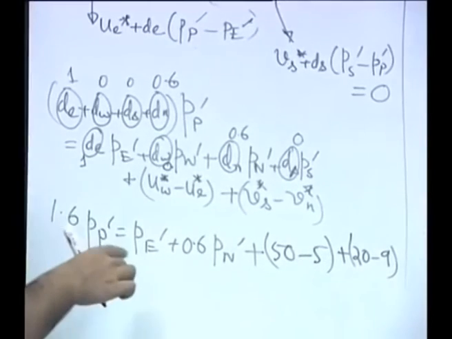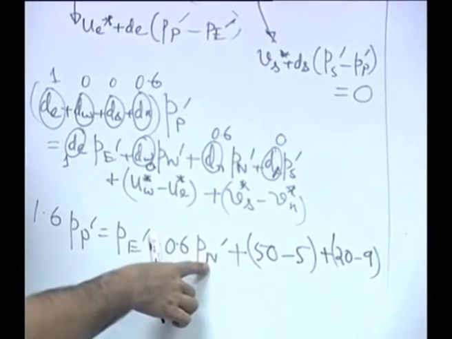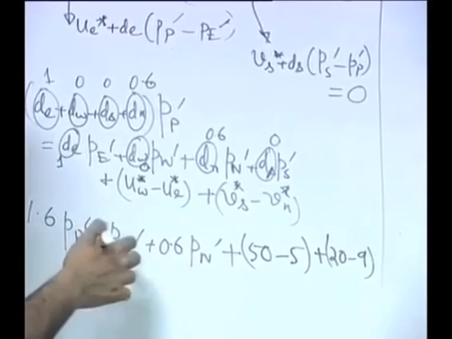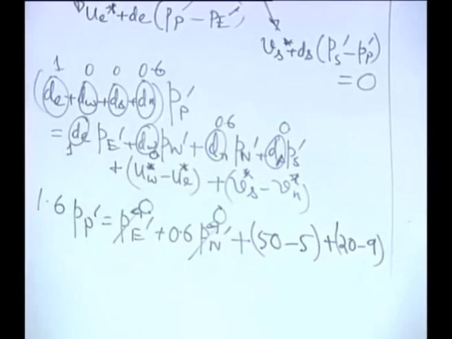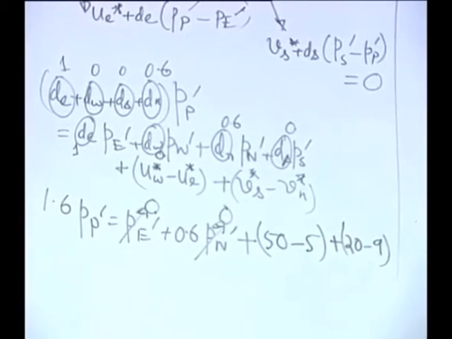Since at e and n pressure values are given, Pe prime equal to 0 and Pn prime equal to 0, because their corrections are 0.